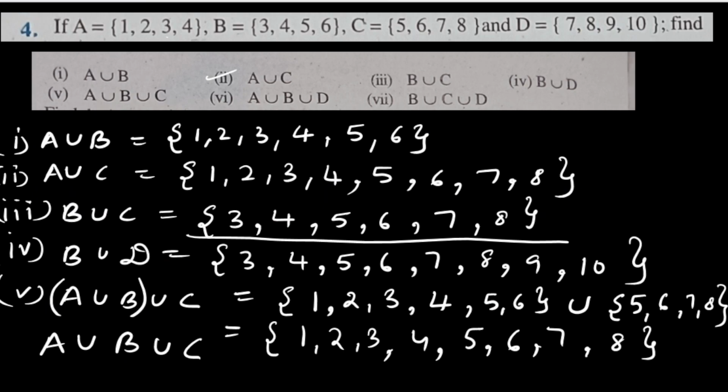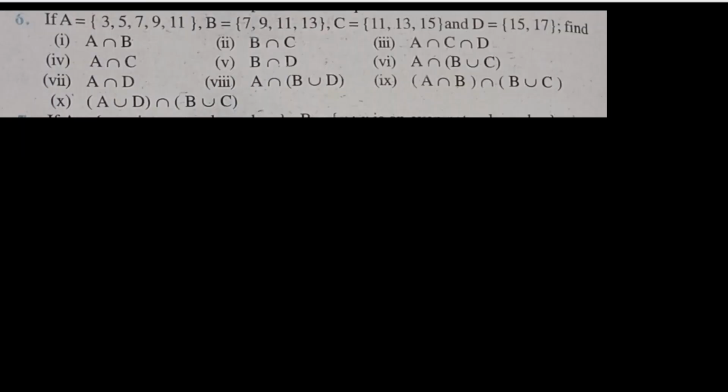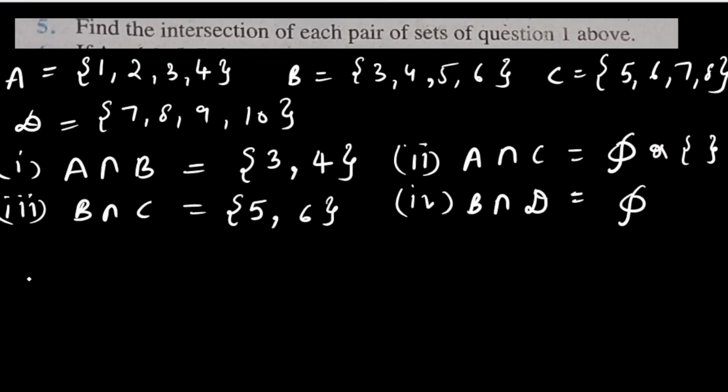Then A intersection B intersection C, the fifth part. Earlier we did union, now we have to do intersection. The same way, we'll write it in brackets and do its intersection with the third set. A intersection B we already found in the first part.